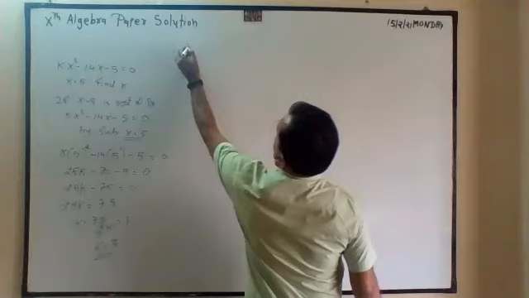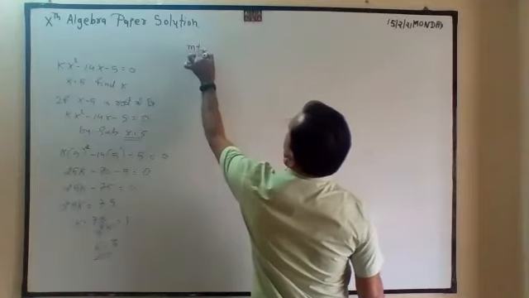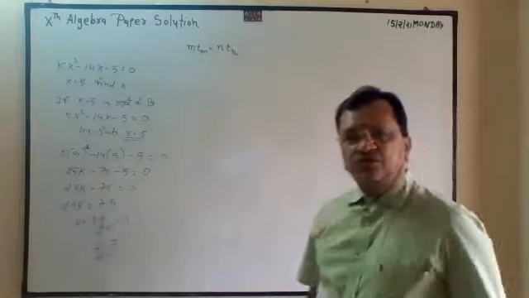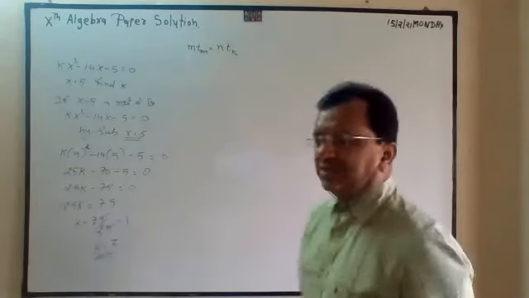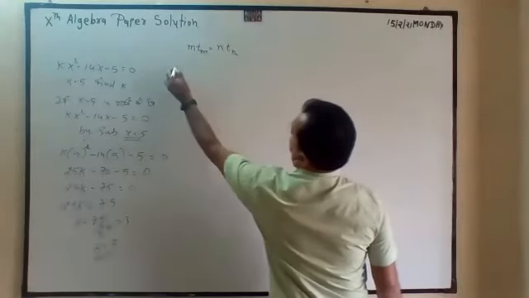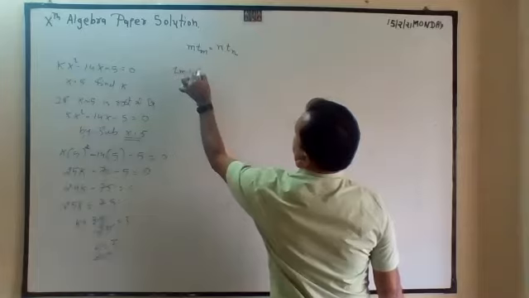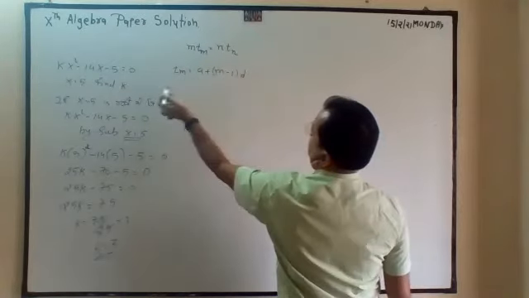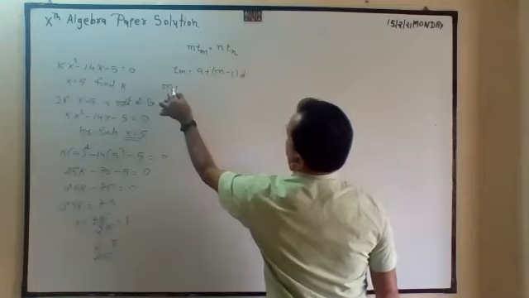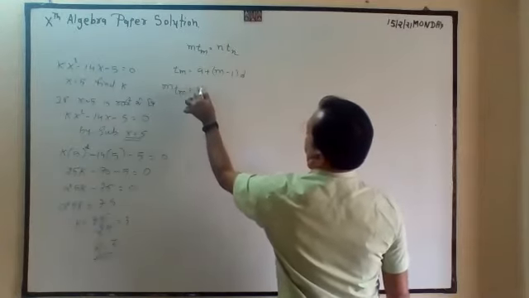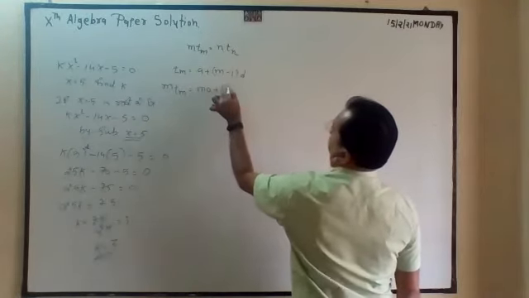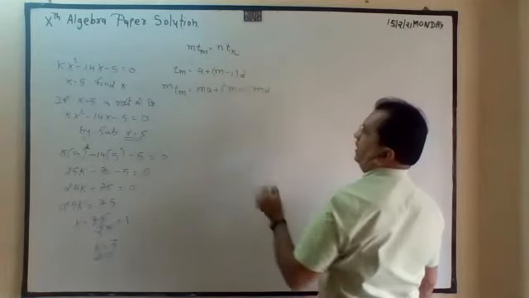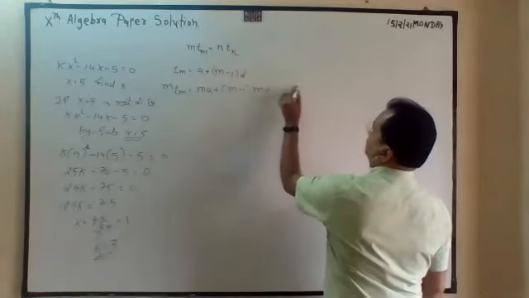What is given? m times Tm is equal to n times Tn. First, find out Tm. Tm is equal to a plus (m minus 1)d. Then m times Tm, this is equation first.